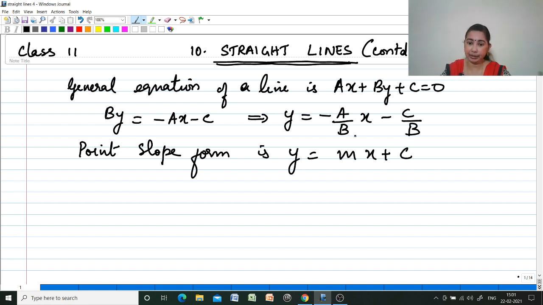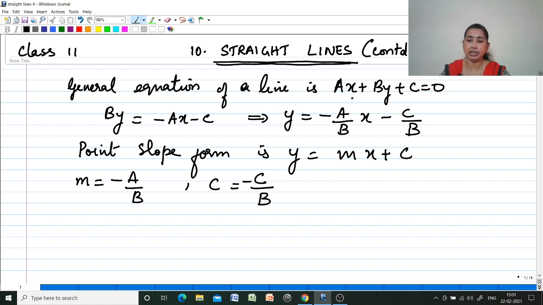Now if I am comparing these two equations, we will get the value of m or slope is equal to minus a by b, and the y-intercept c is equal to minus c by b. We can compare these two equations and get the value of m.